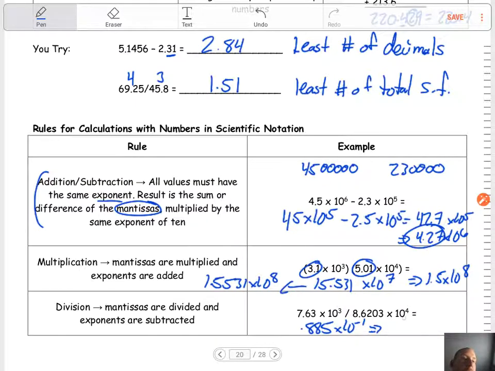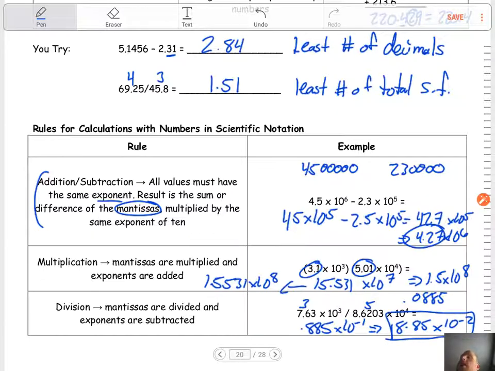Okay, but when we write it in proper scientific notation, your calculator may have done it for you this way: 8.85 times 10 to the minus 2, or your calculator could have just put it in decimal form, 0.0885. But again, if we're talking about sig figs, how many sig figs? Well, this one's got 3, this one's got 5. Our final answer, we'd want to have 3 sig figs, and it would be that right there.